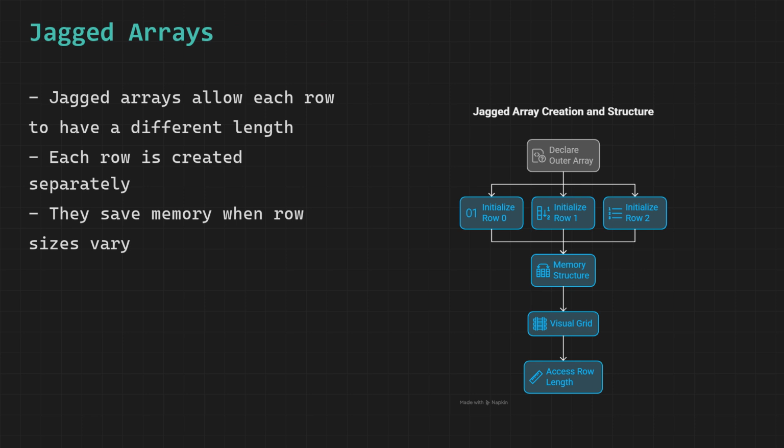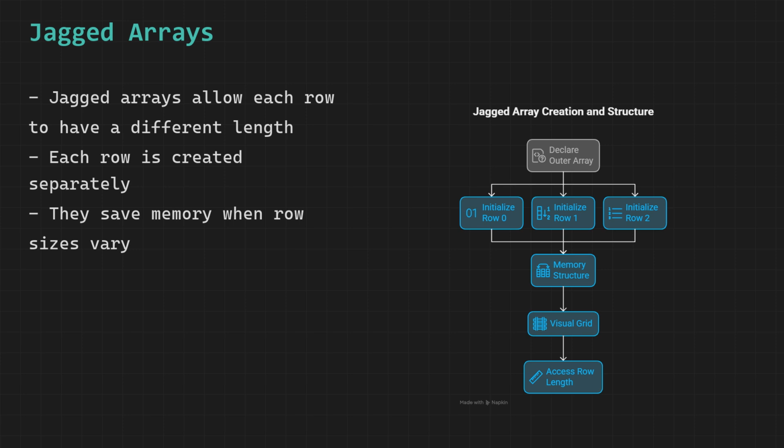The declaration pattern makes this clear. Writing int[][] jagged = new int[3][] creates the outer array with 3 slots for row references, but the rows themselves do not exist yet. Their slots hold null.